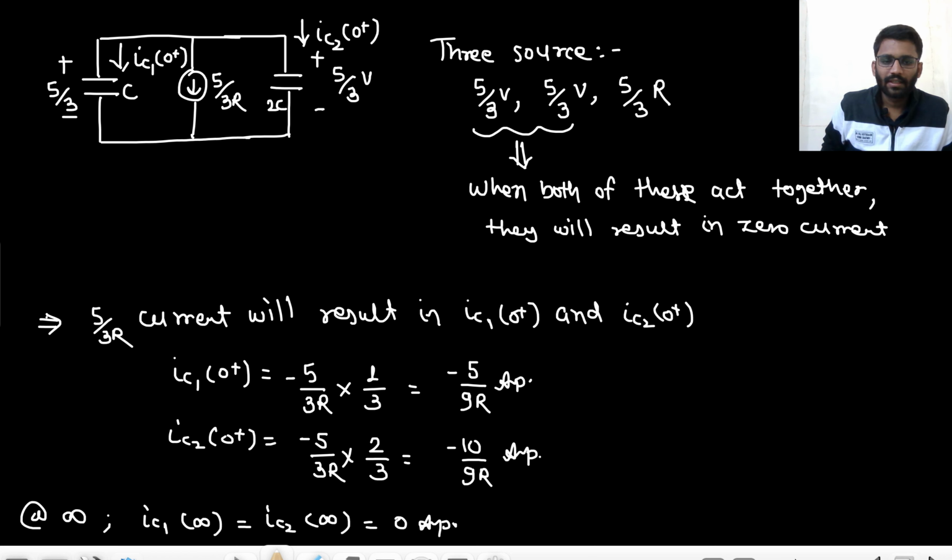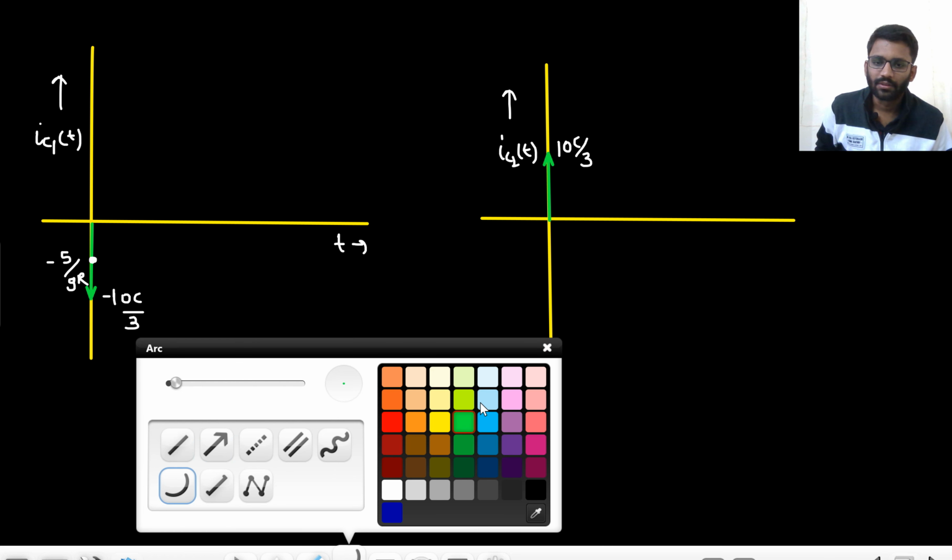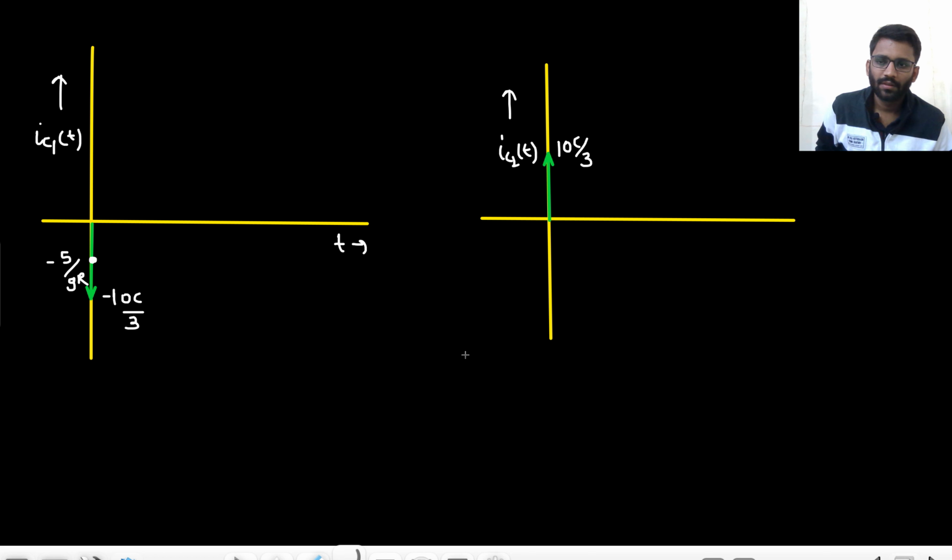Now what is IC1 at t equals 0 plus? That is minus 5 by 9R. So it decays down to 0, exponentially.